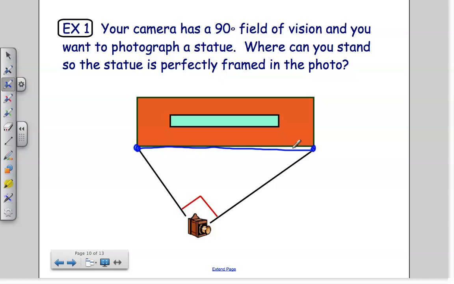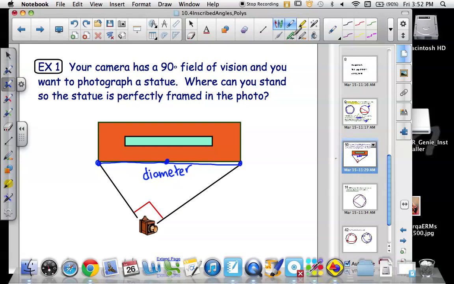Think about this. If I picture that circle, remember we're talking about a right triangle inscribed in a circle. If I make this a diameter, and then if I could create a semicircle here, I know that every single point on there would be a right angle. So I'm going to actually grab my circle tool from here.